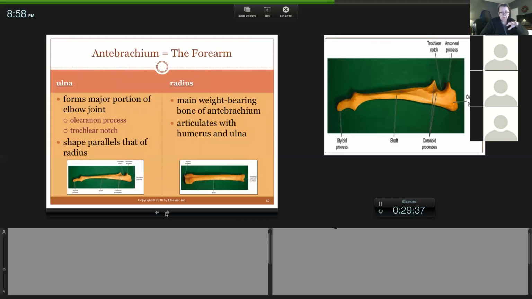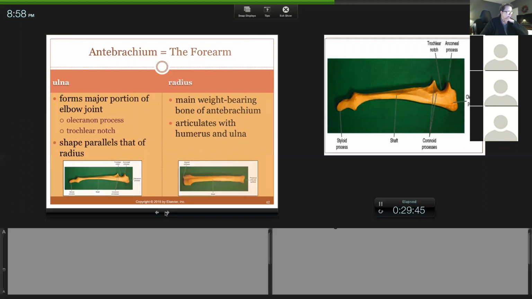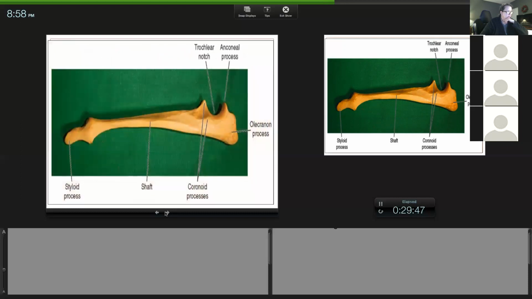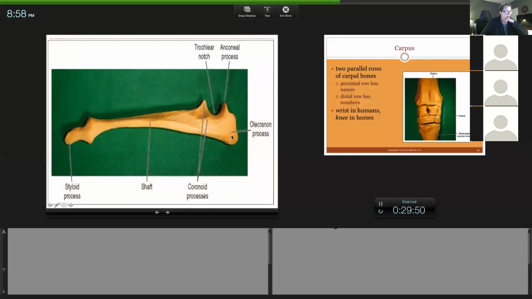The radius weight bears. The ulna is for muscle attachment. There is a gap between those. And back here is that olecranon, and shaft in the middle.